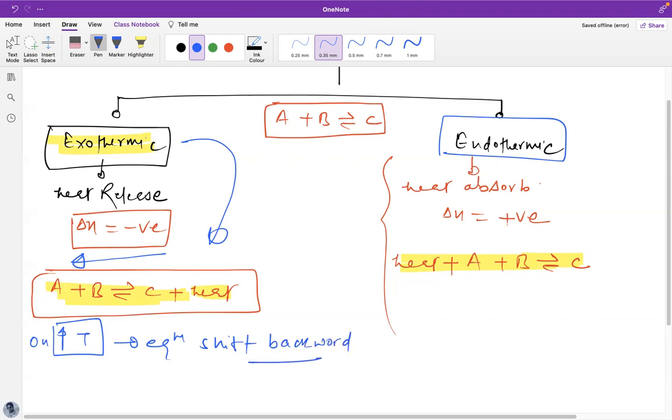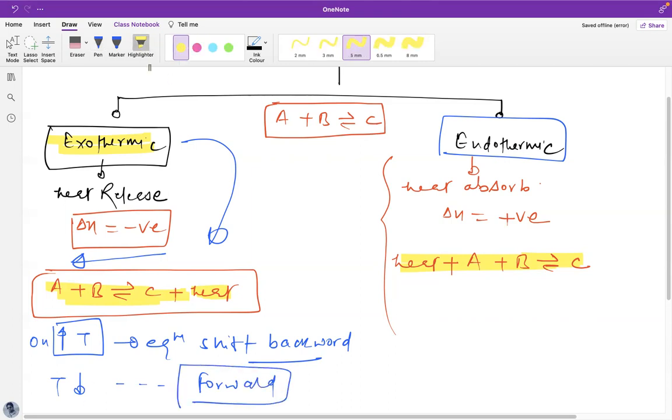Why? Because heat is lower in amount on the reactant side, and to balance this, equilibrium will shift backward. And if temperature decreases, that means forward. Simple. So for an exothermic reaction, on increasing temperature, equilibrium will move towards the backward direction.